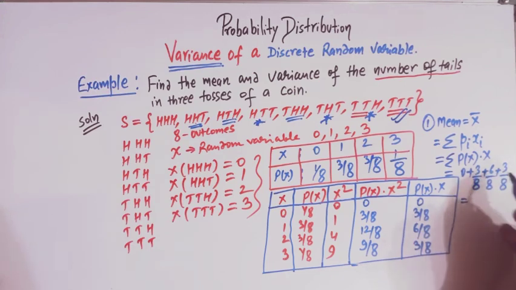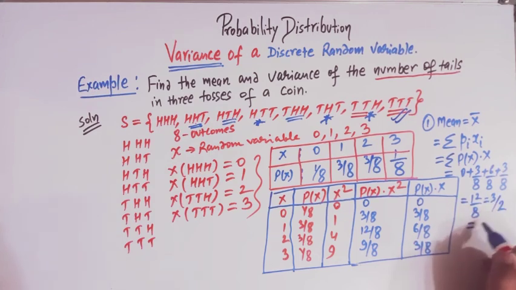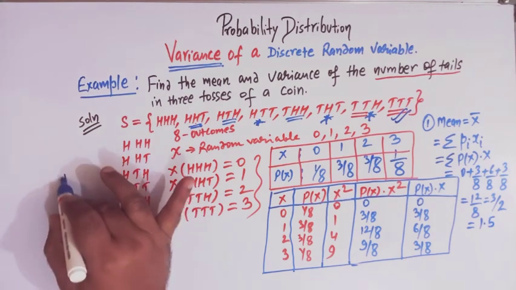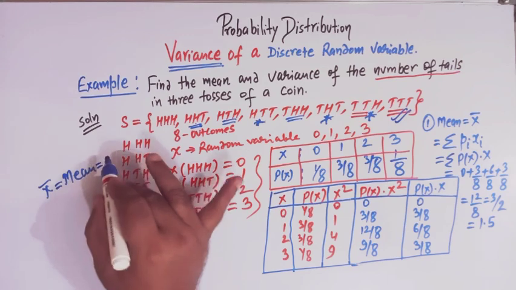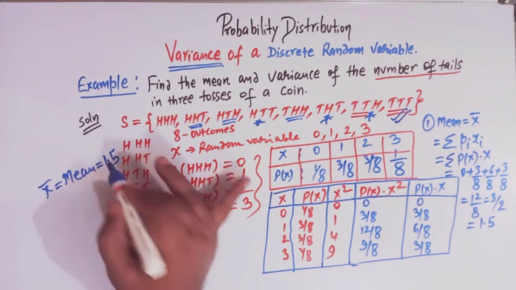So this is 6 plus 3 is 9, plus 3 is 12, and it is 12 by 8, that is 4 3s are 12, 4 2s are 8. So this is 3 by 2, that is 1.5. So the mean of this distribution is 1.5.